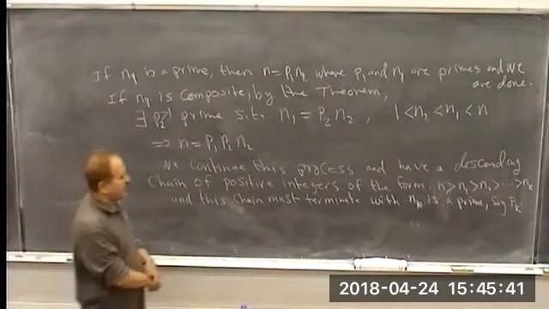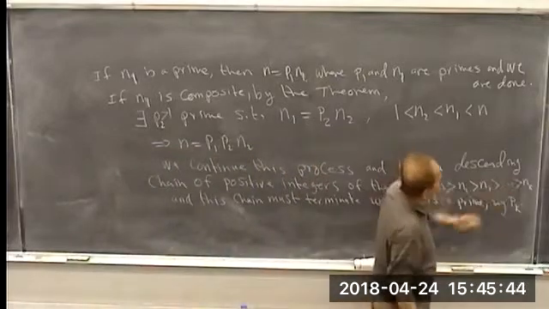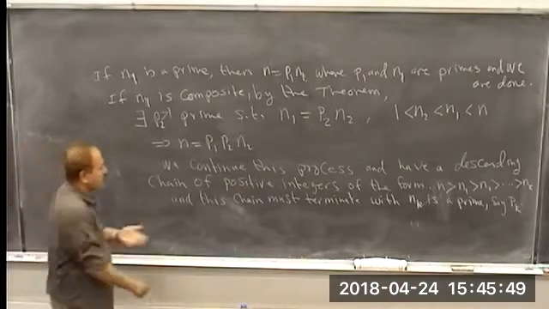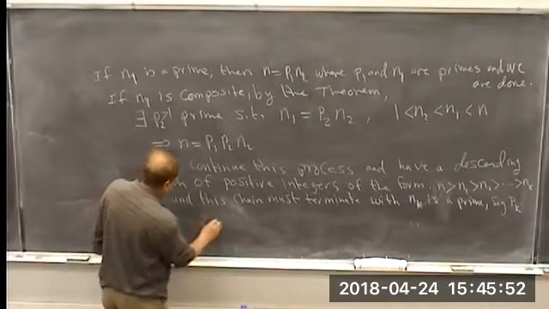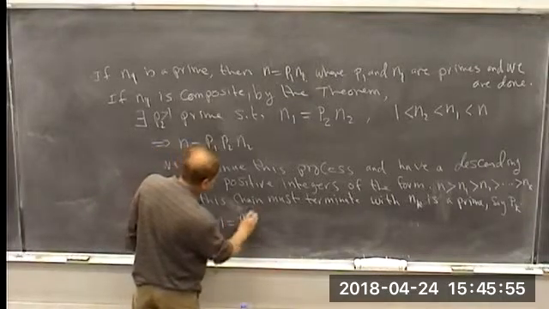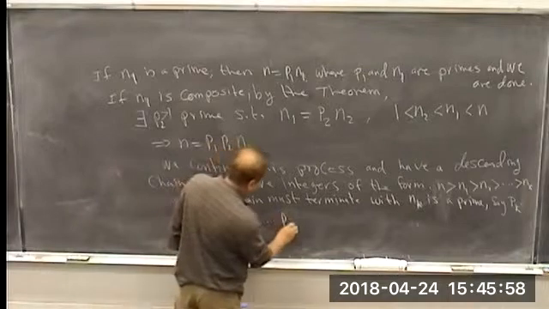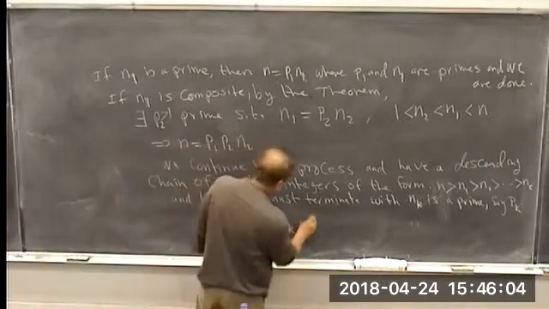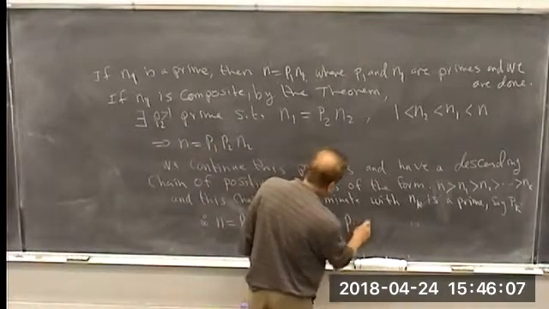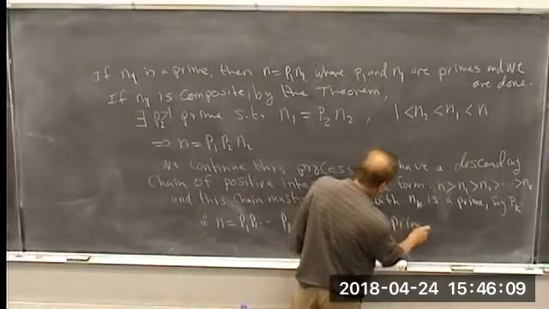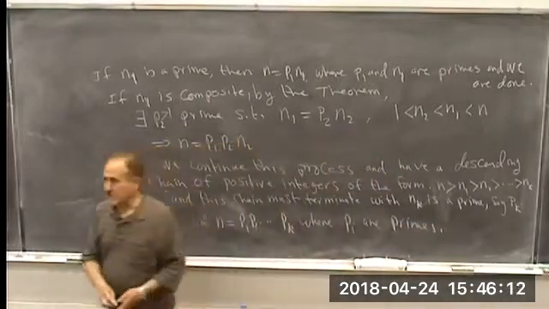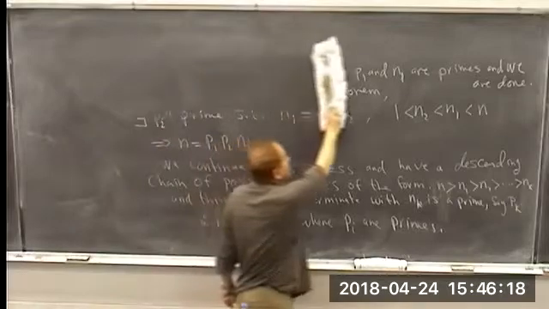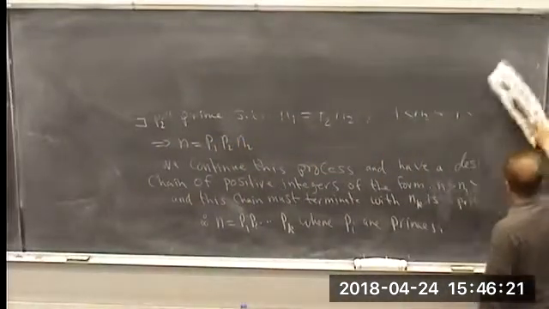And we know that these are positive integers, so we cannot go on forever. And the net result, therefore, is that n is going to be p1 p2 and so on up to pk, where all these pi's are primes. So this proves the existence of the prime factorization. The next thing we want to do is prove the uniqueness. Okay.